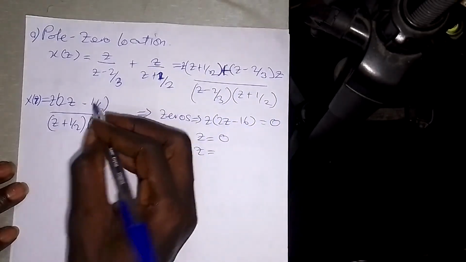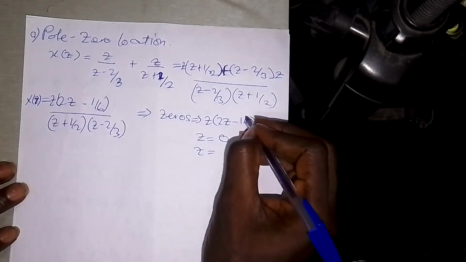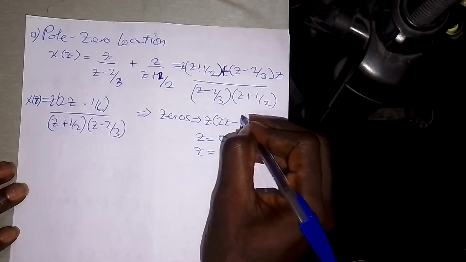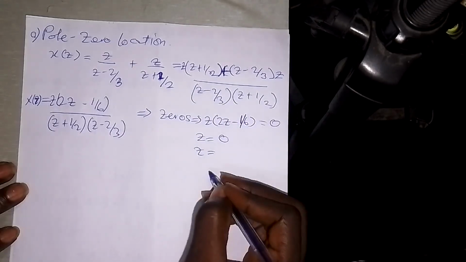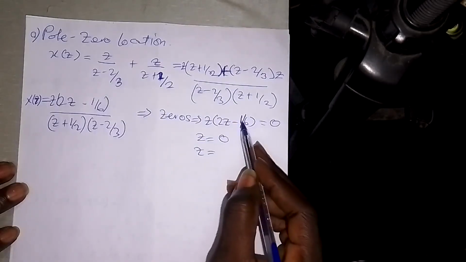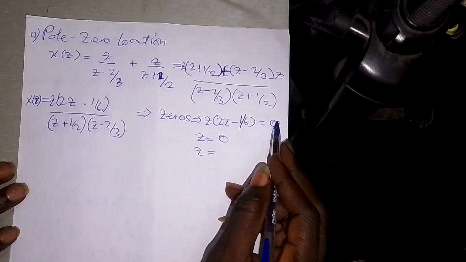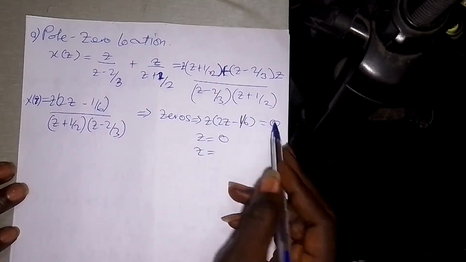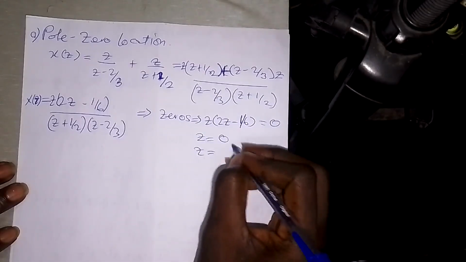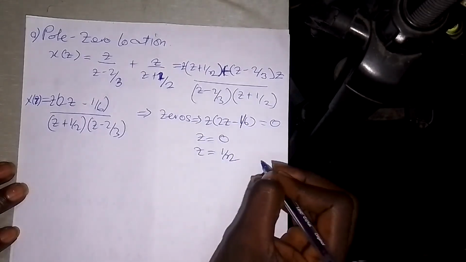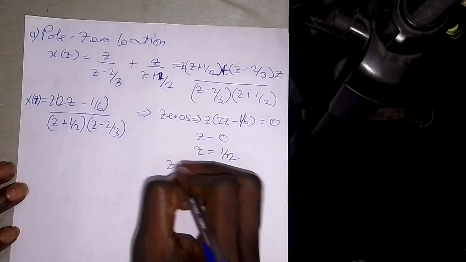Sorry, here it is 1 over 6. So 1 over 6 will go here to be positive, and then this one will also divide it. So I'm going to get z equals 1 over 2 there. Then let me see about the poles.